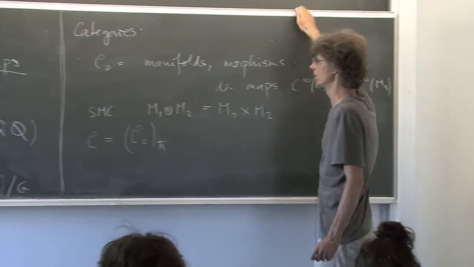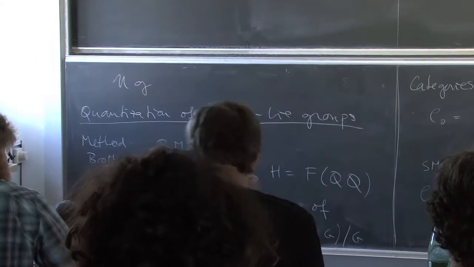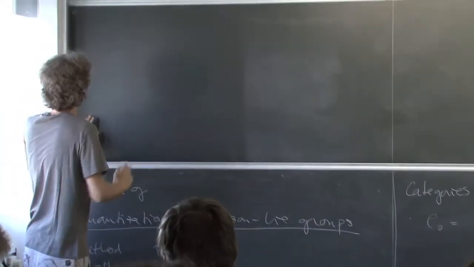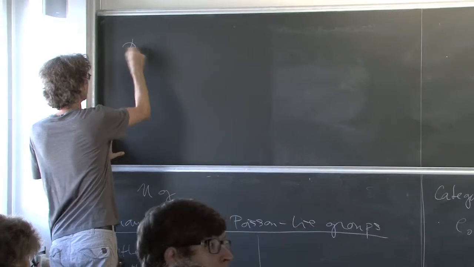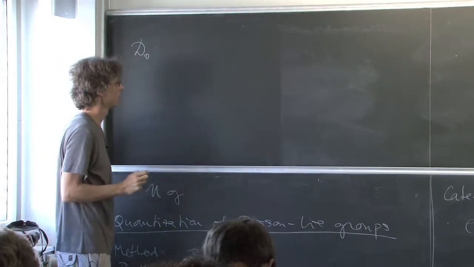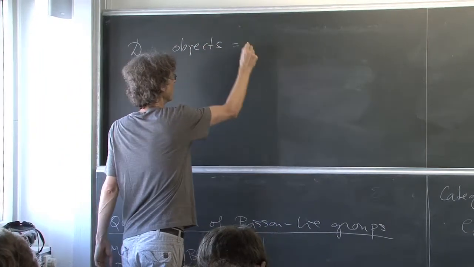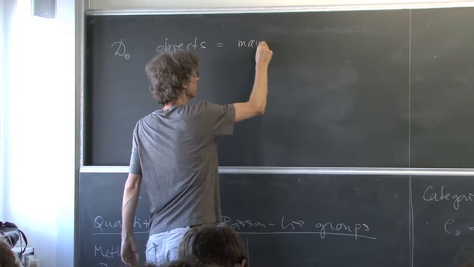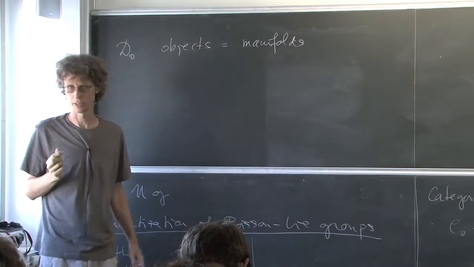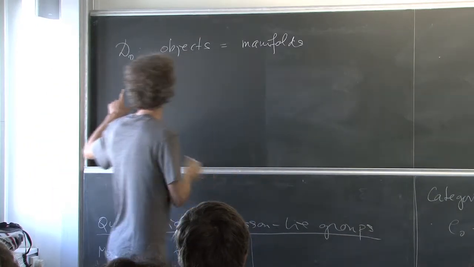Now, who is D? This is something very similar. So let me first start with D0 again. Objects are again manifolds, but with some action of something. Okay, maybe I need some notation.